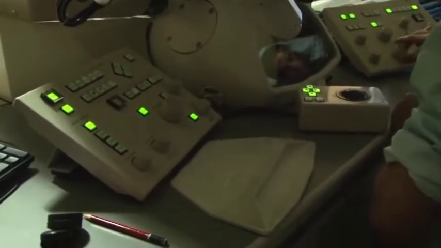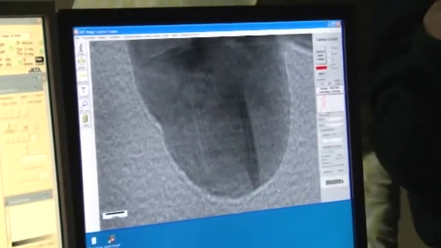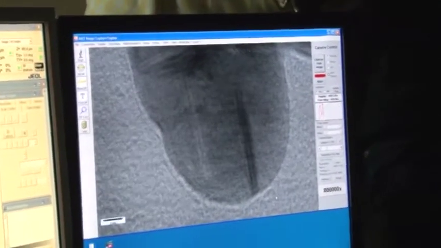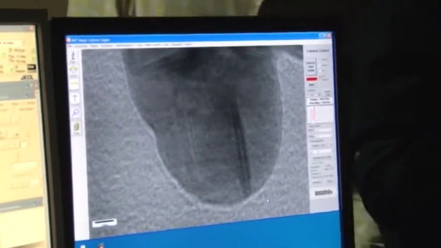We try to play with focus a little bit. You're far from focus, from the fringes.